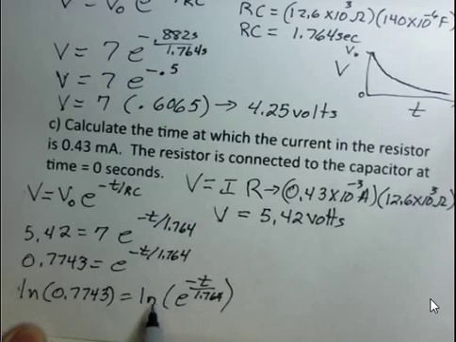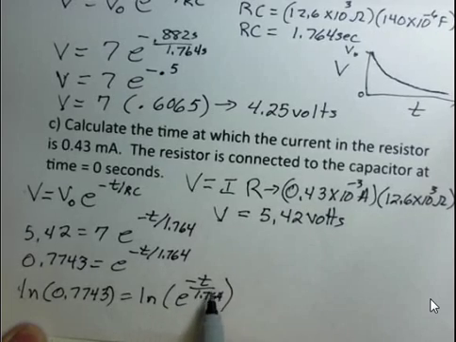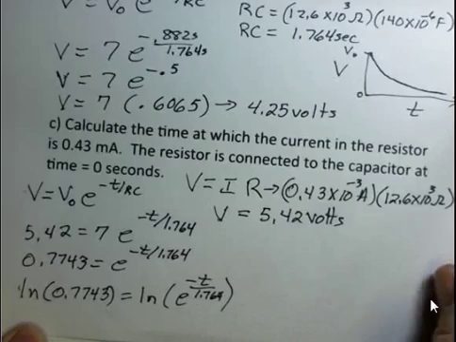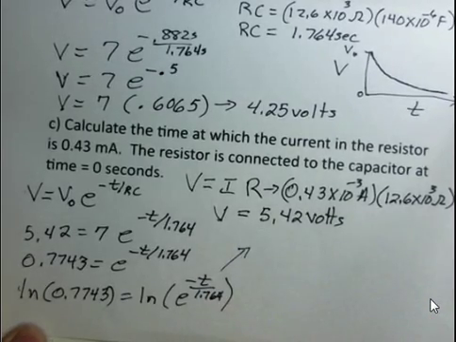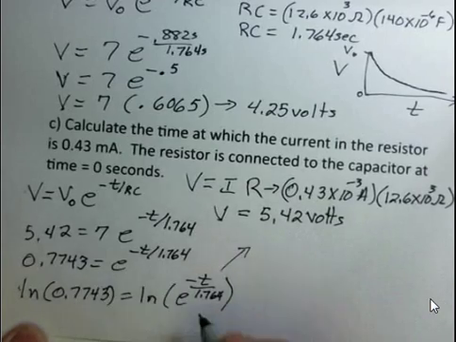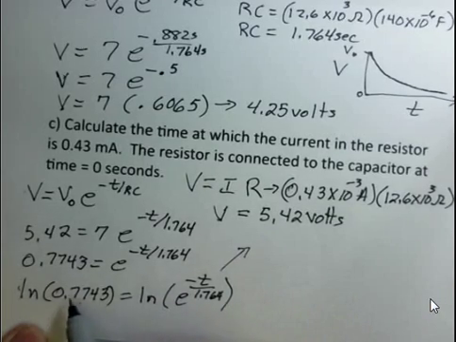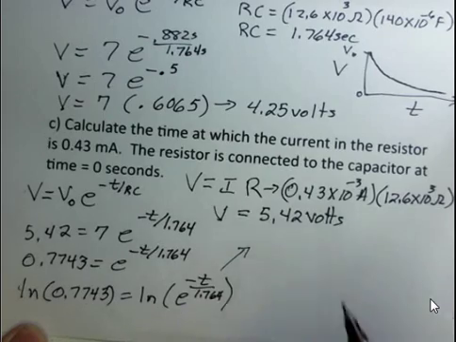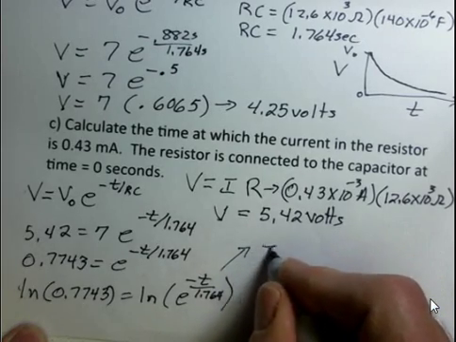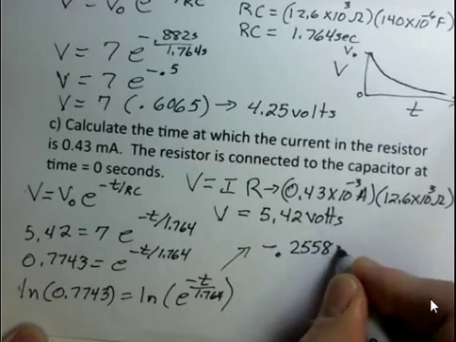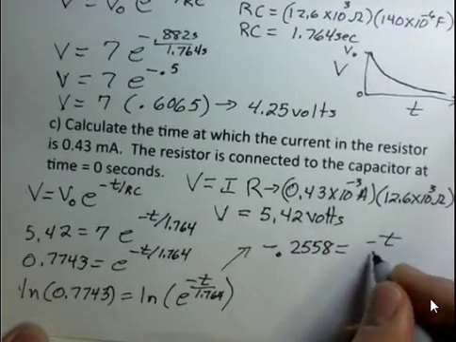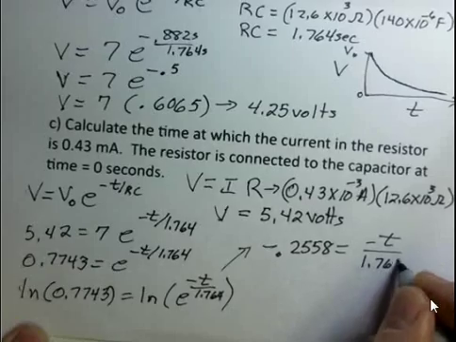So these two functions will cancel each other, and we'll just be left on the right side with minus t over 1.764. I'm going to continue up here where we have a little bit more space. So the natural log of 0.7743, the number is less than 1, so we'll get a negative, and your calculator should report to you minus 0.2558 equals minus t over 1.764.